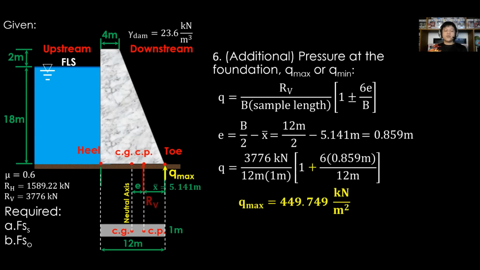The value of Qmax is 449.749 kilonewtons per square meter. Next, consider the subtraction or minus operation. The value of Qmin is 179.584 kilonewtons per square meter.